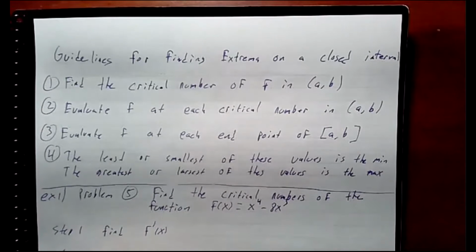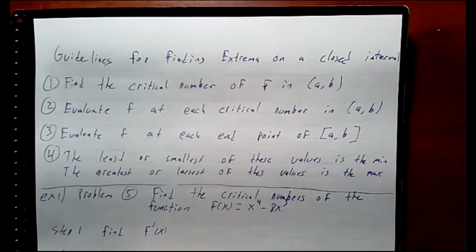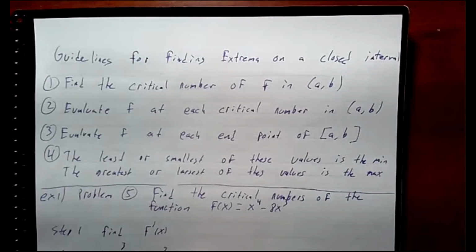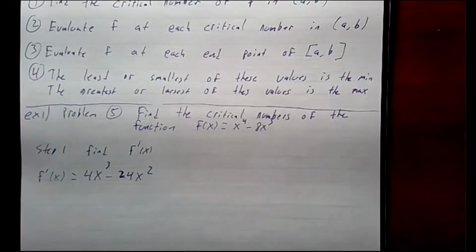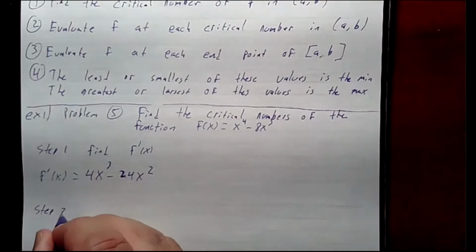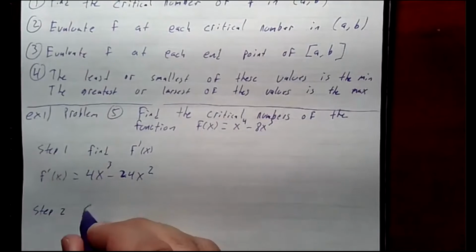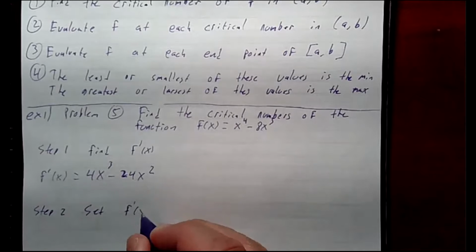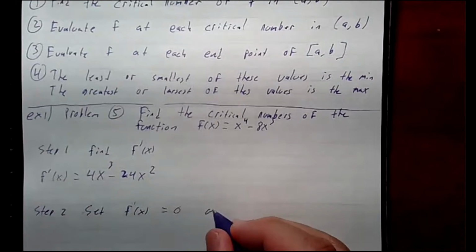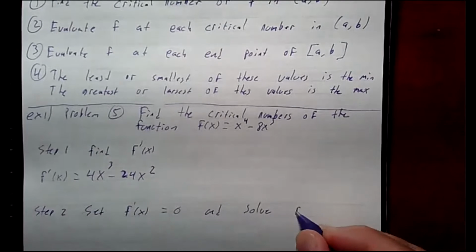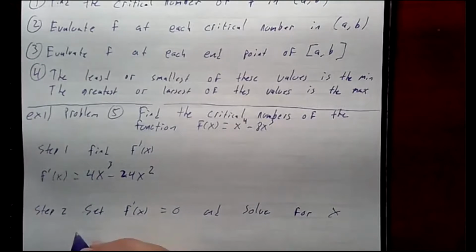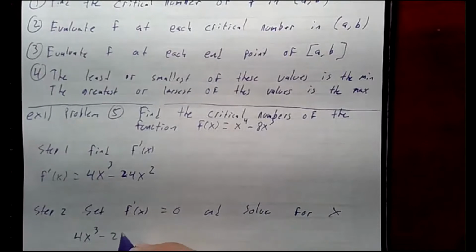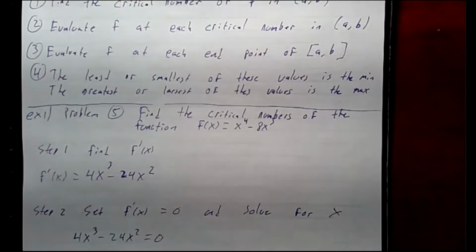So f prime will be this guy, right? Step 2, set the derivative, f prime, equal to 0 and solve for x. That's how you find the critical numbers. So here's the derivative equal to 0.